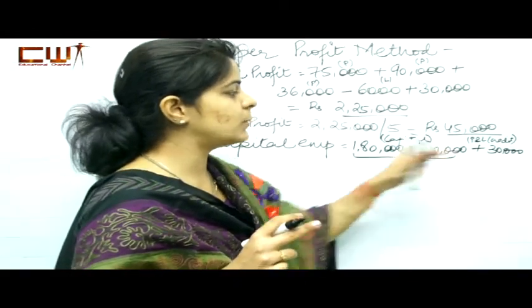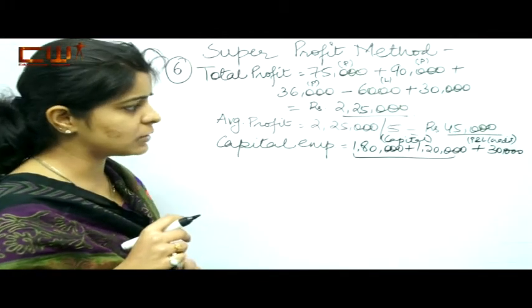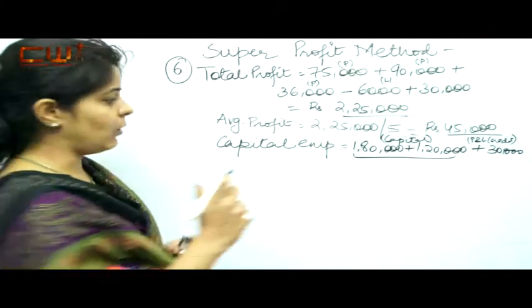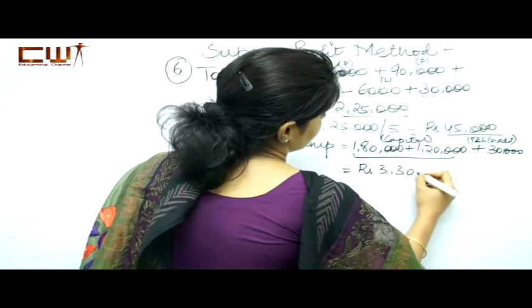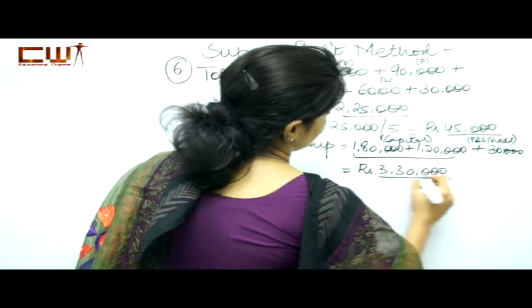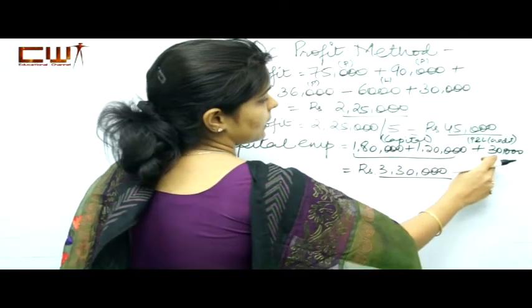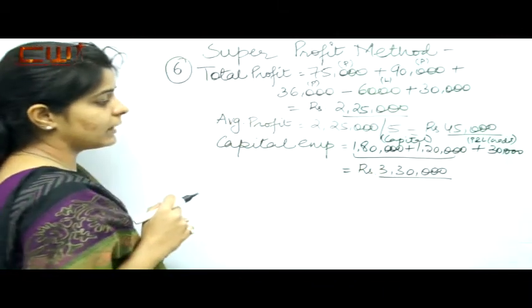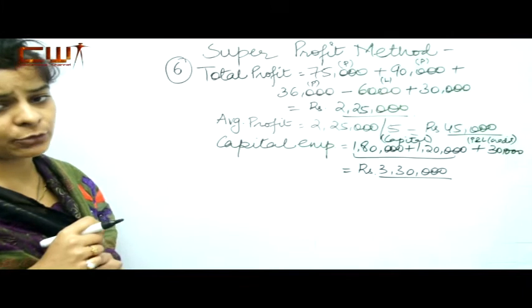In this, you will also be adding 30,000. 1,80,000 plus 1,20,000 plus 30,000. Total will be how much? 3,30,000 will be the total. Again I am telling you, 1,80,000 plus 1,20,000 plus 30,000 will give you rupees 3,30,000. This is the capital employed that you have got.